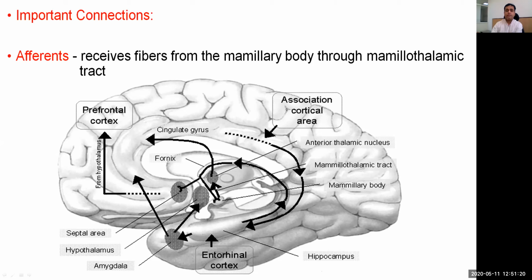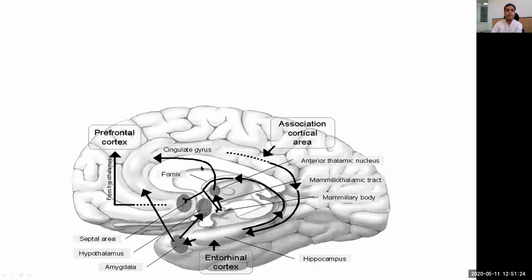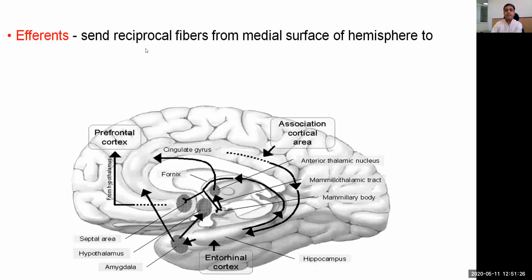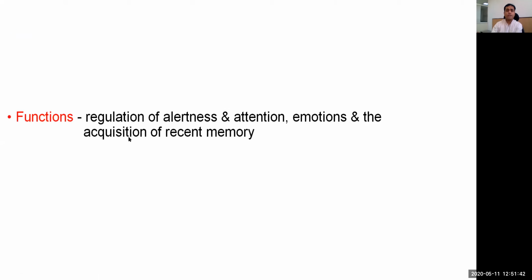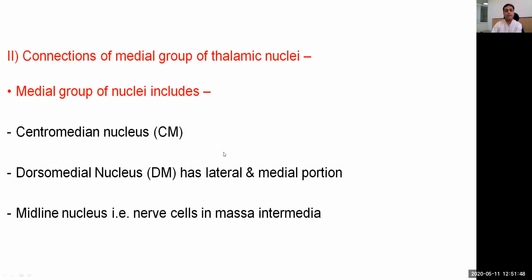It is receiving afferents from the mammillary body through the mammillothalamic tract. Efferents are sent reciprocally to the medial surface of the hemisphere, to the anterior part of the limbic system, cingulate gyrus, and parahippocampal gyrus, and the connections are reciprocal. Function: it helps in regulation of alertness and attention, emotions, and the acquisition of recent memory.